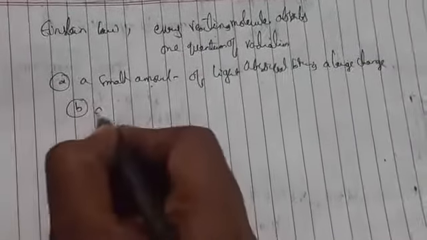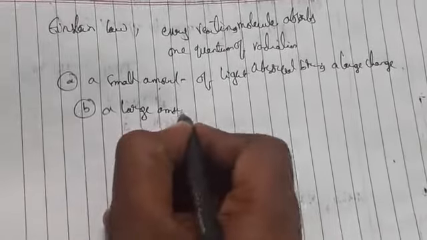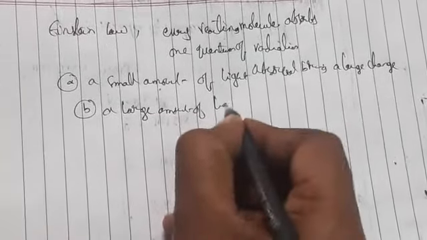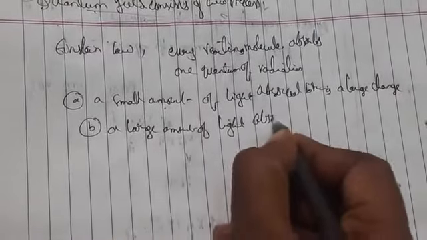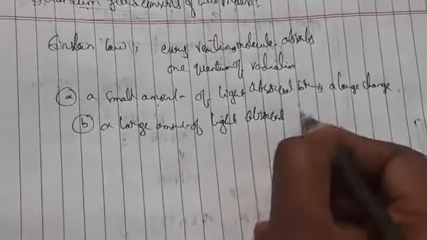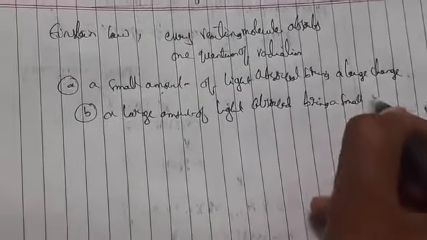If a large amount of light is absorbed, it can bring only a small reaction. So this is what quantum yield is about.